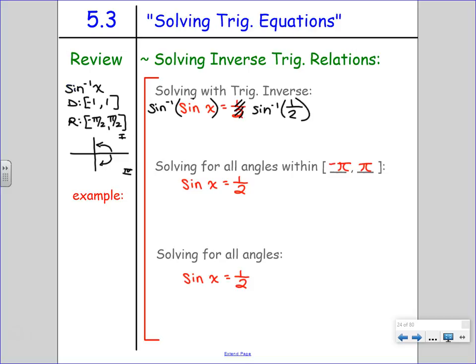On the left side, what happens with sine inverse of sine? Cut off. Basically, remember there were some weird things that happened, but if they're saying solve with trig inverse, they're saying go for it. I can cancel out and say, sweet, I'm left with x.